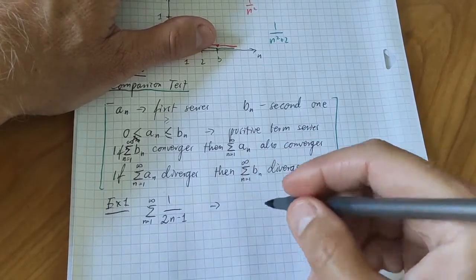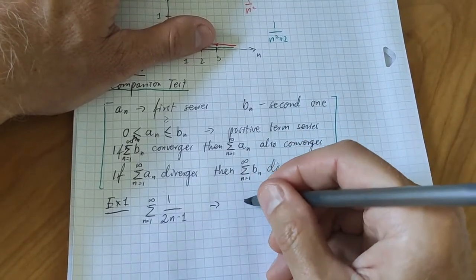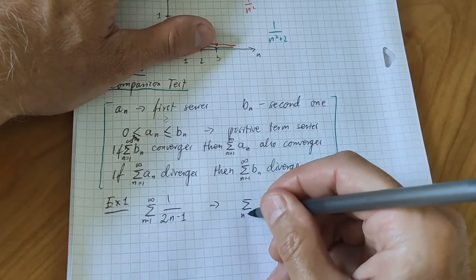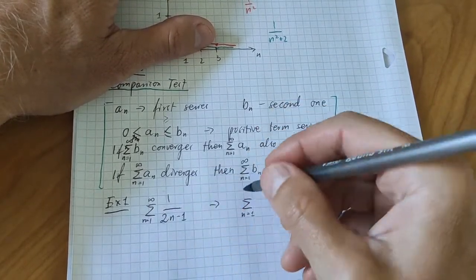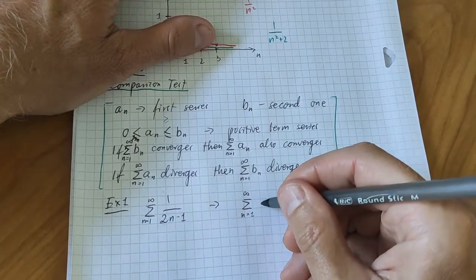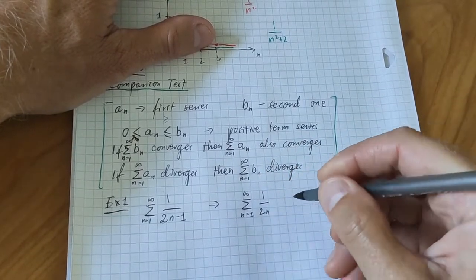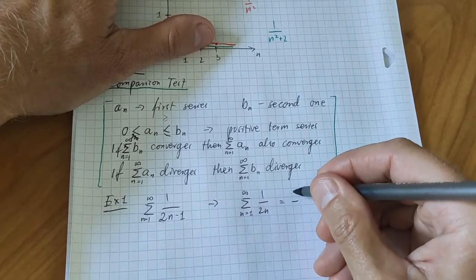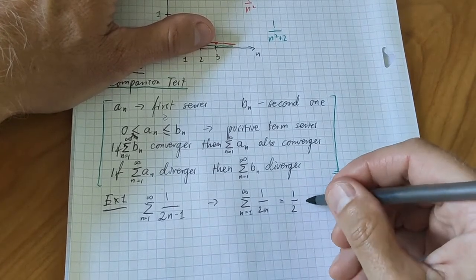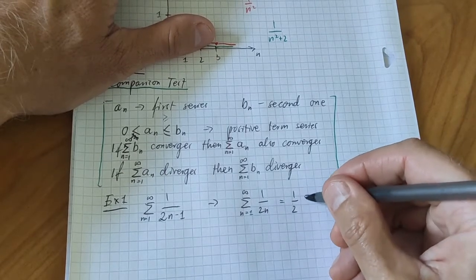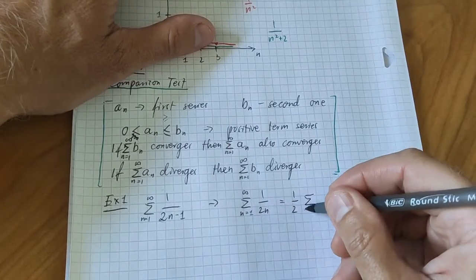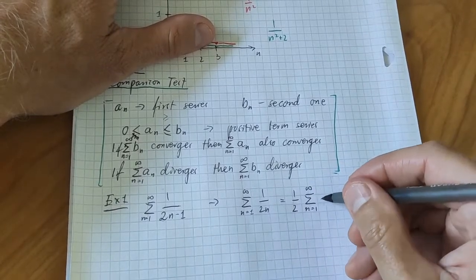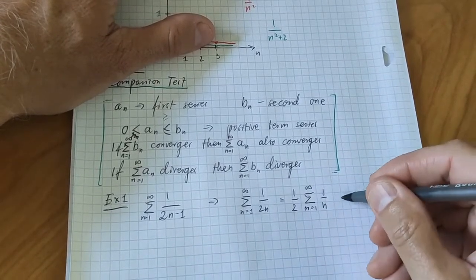We'll compare it to a simplified version of this, which would be 1 over 2n. Then we can factor 1 over 2 out, it's just a constant. And then I end up with a series that I know, 1 over n. This is a harmonic series.